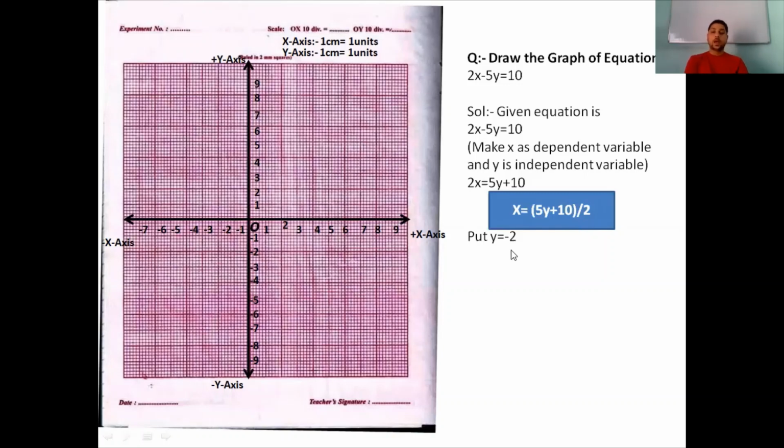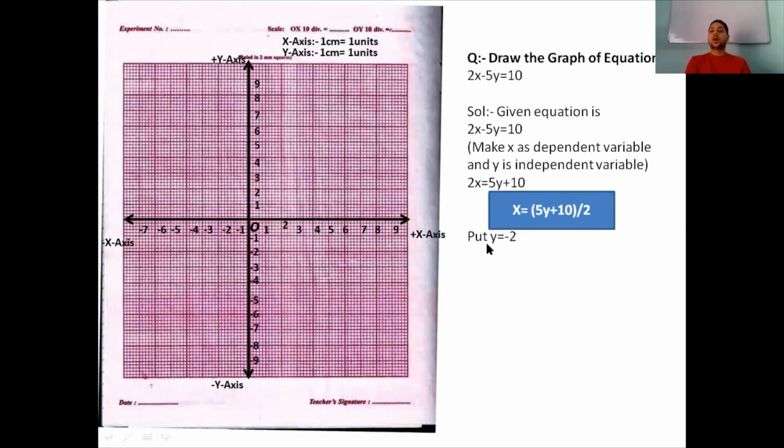So we have to check which value will be suitable for us, that will not give us the value in decimal form or fractional form. Try to find the values that are not in decimal form or fractional form. Otherwise, if they come, then you have to check your scale division on this number line system.